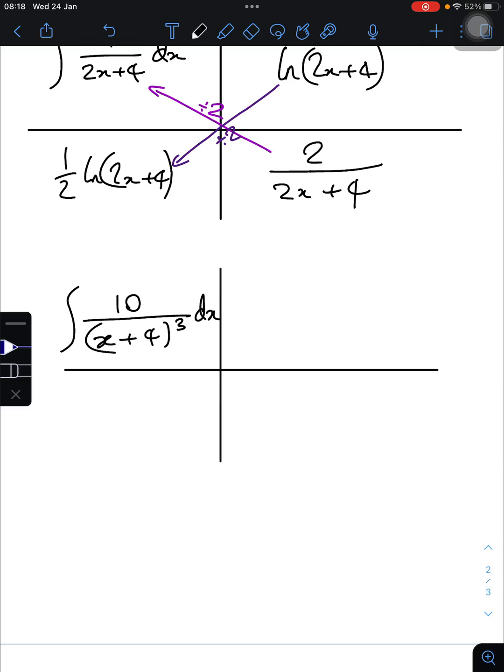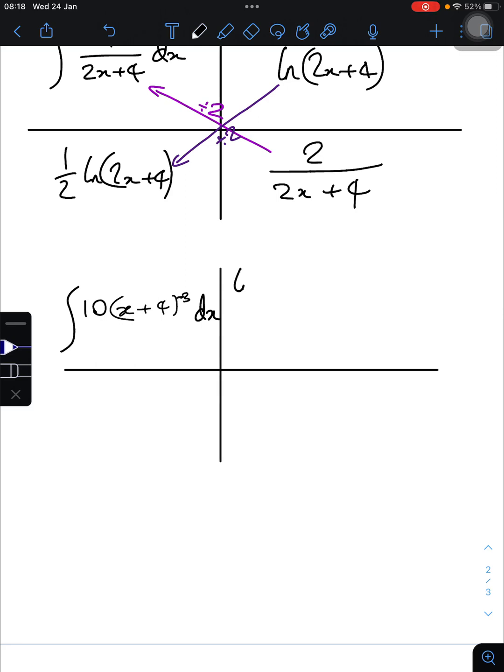Well, 10 over x plus 4 to the power of 3 is exactly the same as doing 10 multiplied by x plus 4 to the power of minus 3 using index laws.